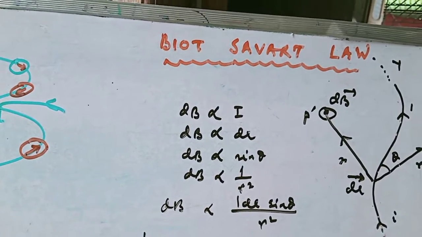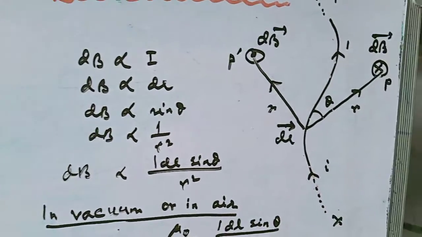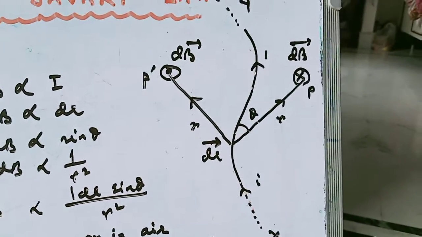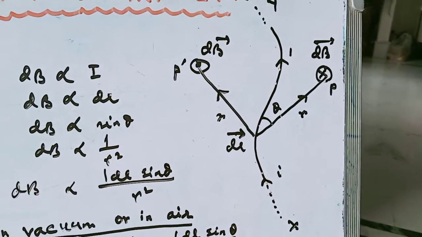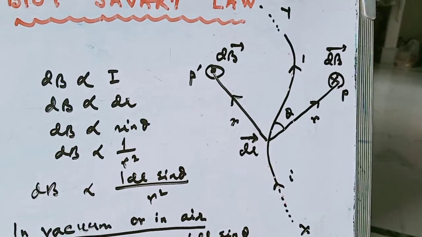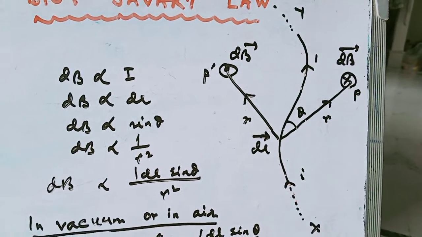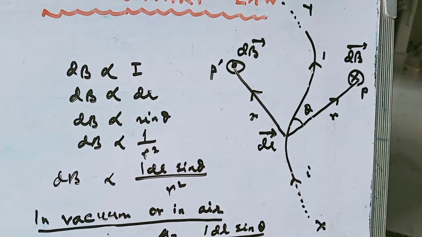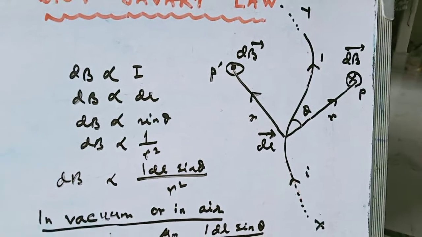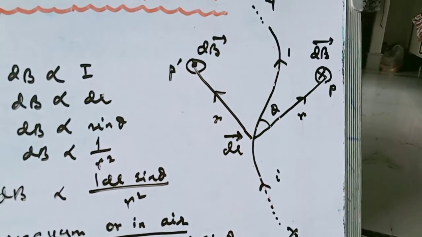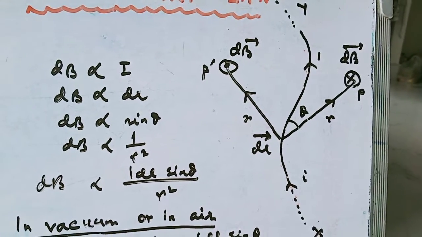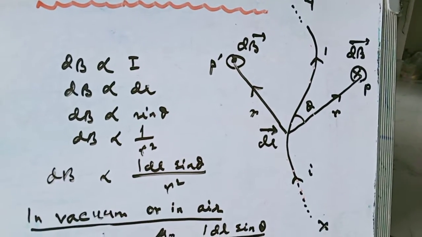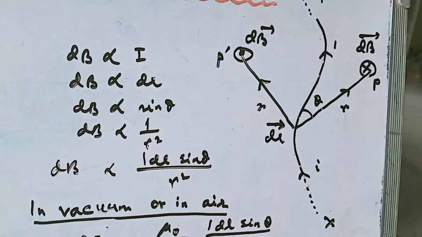Now, we first mentally divide the current carrying conductor XY into very small parts, and we divide the charge distribution into charge elements dl, as is done for a charge distribution of arbitrary shape.